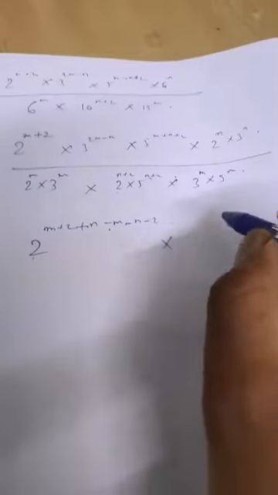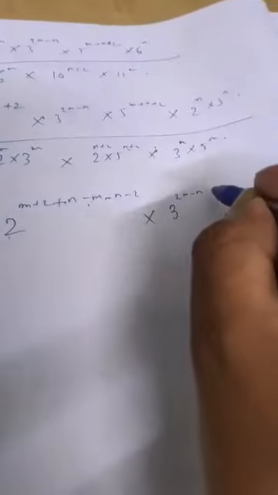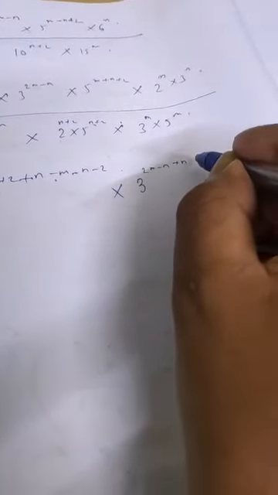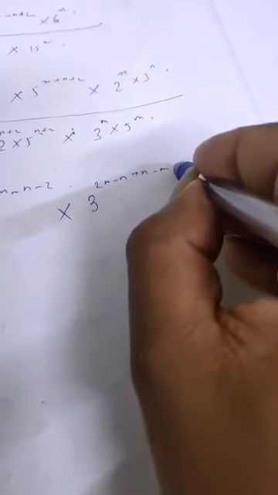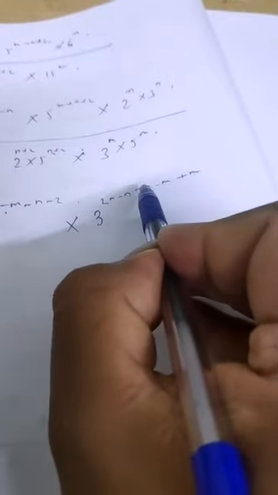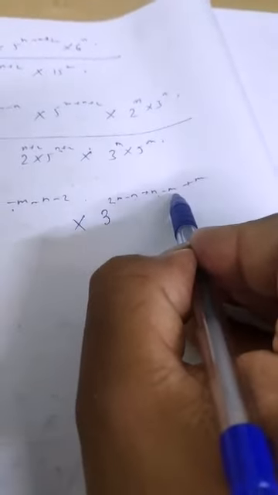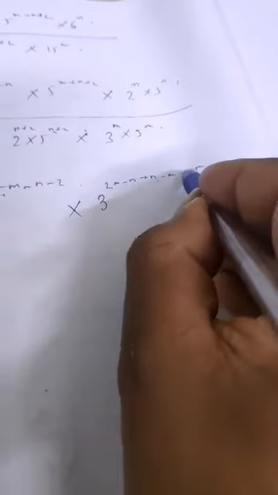Next, come to 3. For 3 we have 2m minus n, then plus n, then minus m, then again minus m, not plus m.